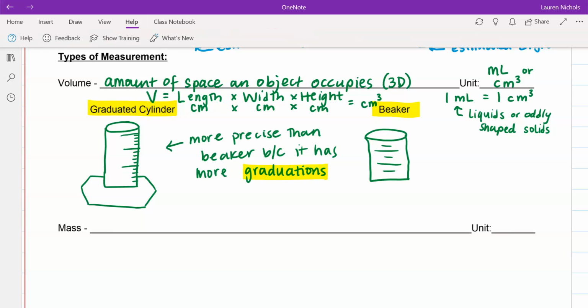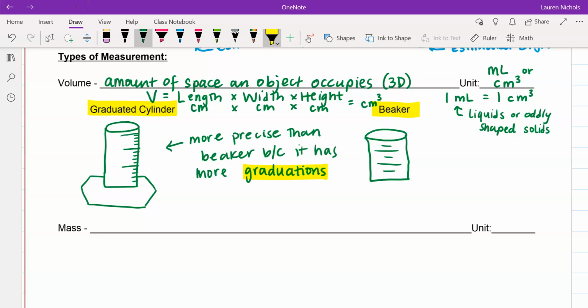Okay, you can write down tick marks or hash marks, whichever one you prefer on your own. We use beakers if we need around a certain amount, but not an exact quantity. Okay, it's not for exact measurements. If I need around 100 milliliters, but it doesn't really matter if I'm more or less, then a beaker is fine. But if I need exactly 100, then it would be better to use a graduated cylinder.